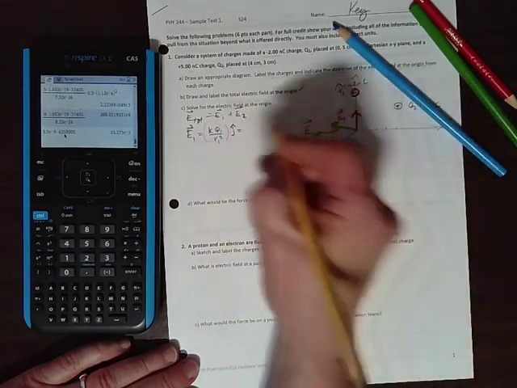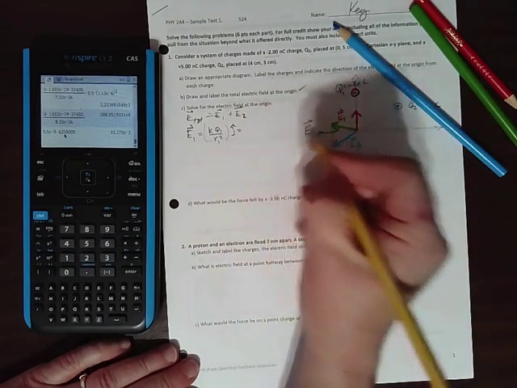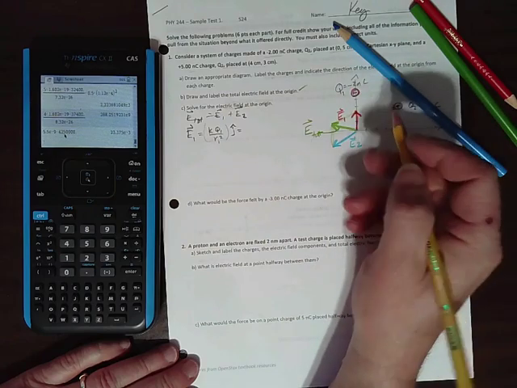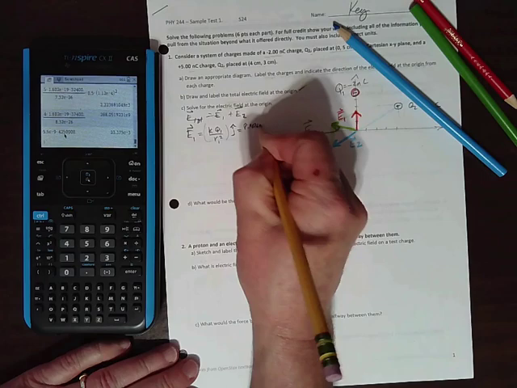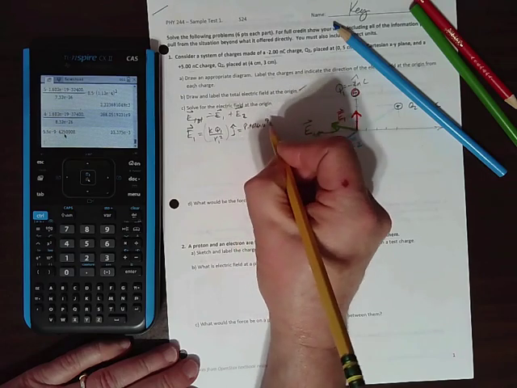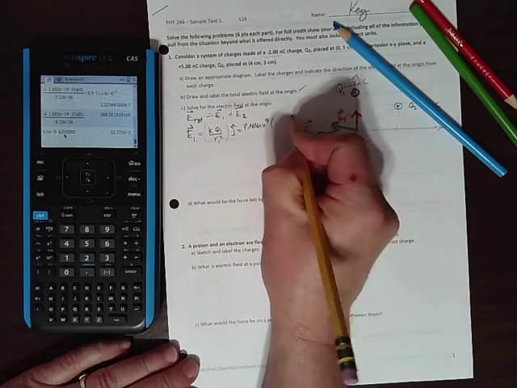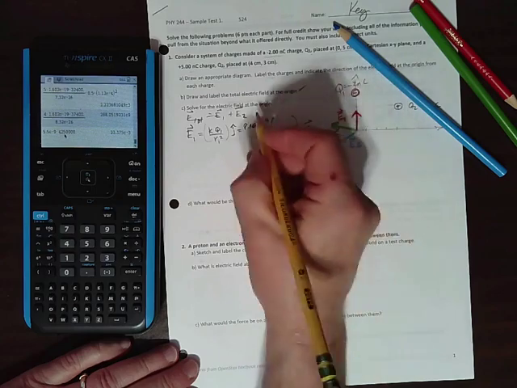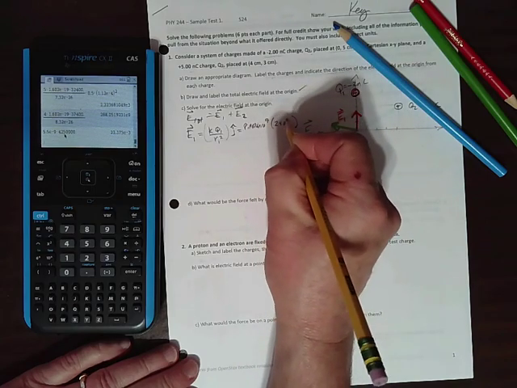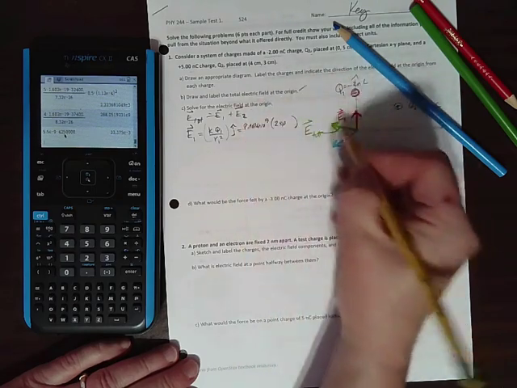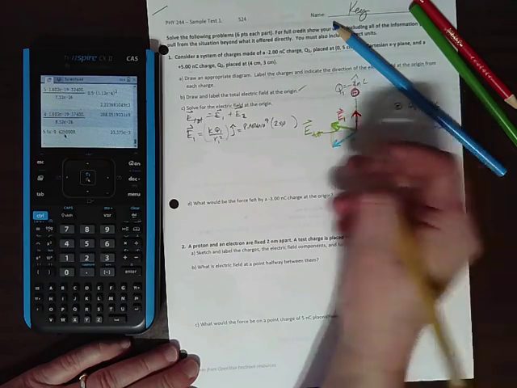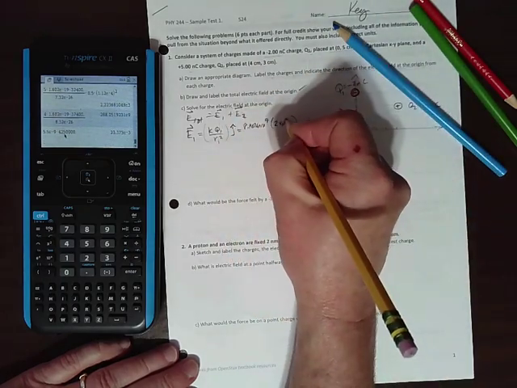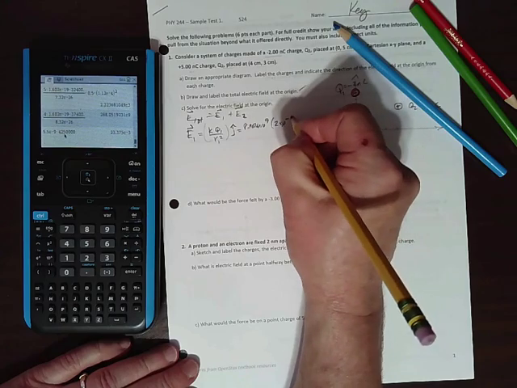I think we've got everything. Let's do 8.9876 times 10 to the 9th for k. Q1 is 2 nanocoulombs. We're taking care of the signs with the picture, so we don't need the negative on the Q1, but we do need the -9 exponent.